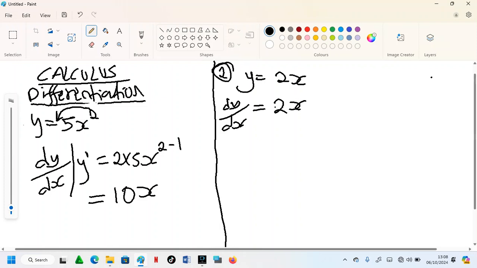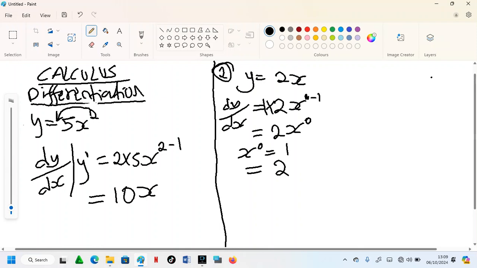So if we bring 1 down here, it's not going to have any effect. We're just going to still remain with 1. And then there is 1 here. If we subtract 1 from 1, we're going to have 2, x power 0. And x power 0 is simply 1. So the answer is 2.